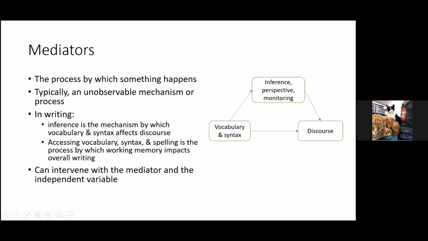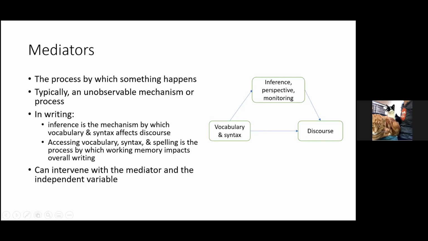And those things that Kim found in her model are those three constructs that we just talked about: the inferencing, the perspective taking, and our monitoring of those inferences. If we're able to take another's perspective while we're writing, we might be able to see where we're not making enough connections in our writing for our readers to be able to make that inference.